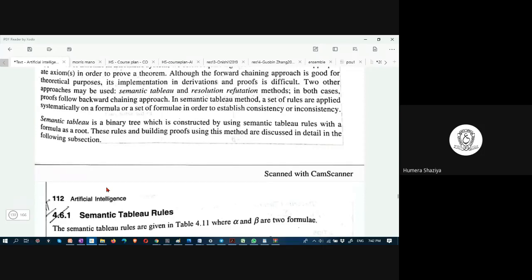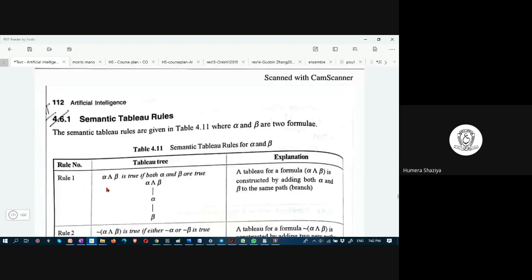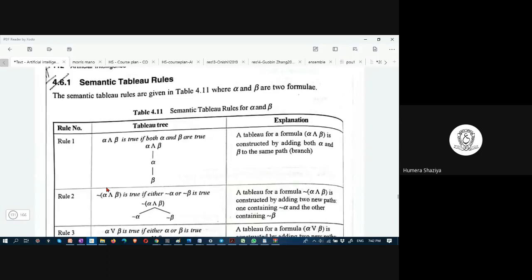Here as well, we have rules which are known as semantic tableau rules, and these are listed out in Table 4.11. Alpha and beta are two formulae.